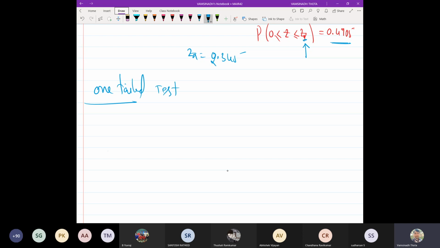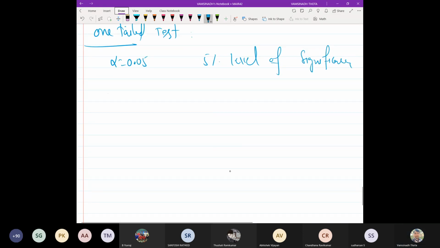Particularly for the one-tail test, alpha is equal to 0.05, which is nothing but the 5% level of significance. Okay. Now, how to get the critical values?